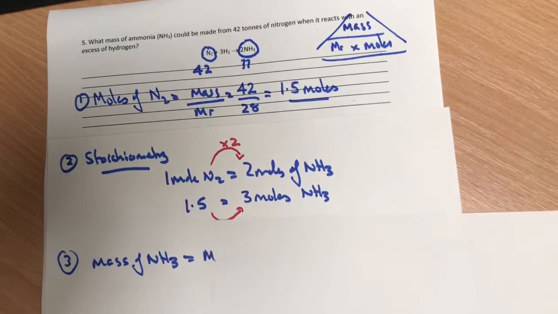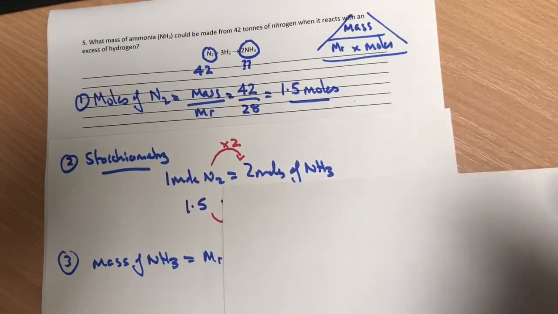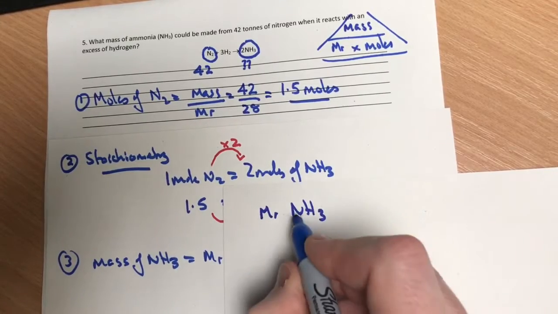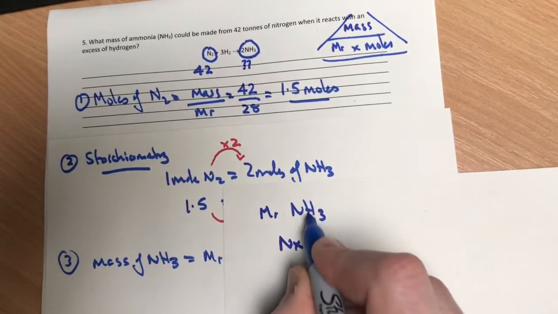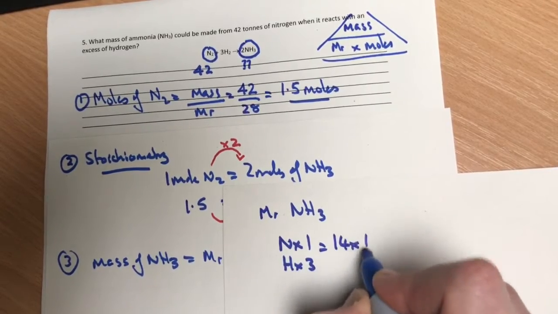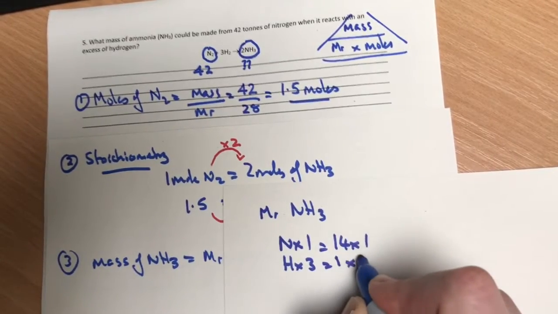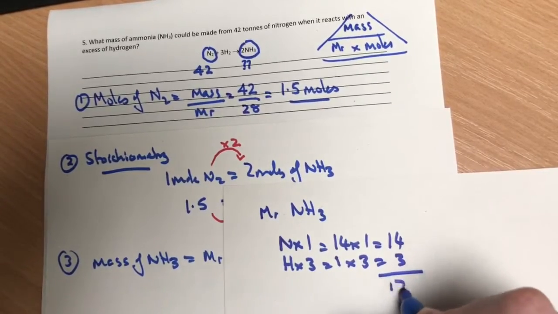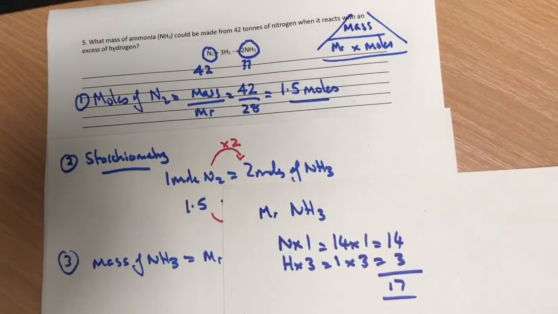Okay. Let's find the Mr for the ammonia. There is 1 nitrogen and 3 lots of hydrogen. So that's 14 times 1, plus 1 times 3. That's 14 and 3, gives me a total of 17, okay?